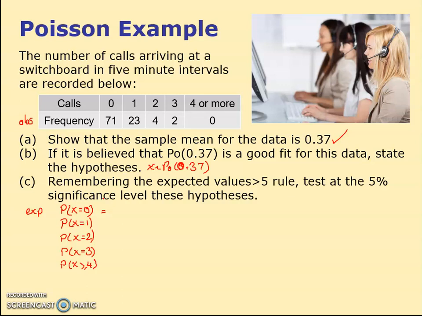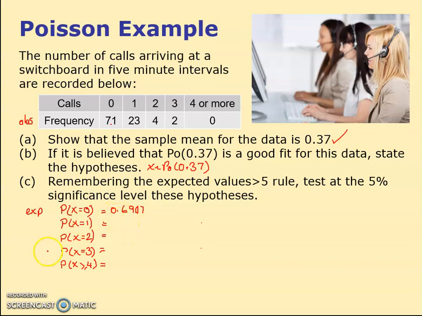And when I do that, Poisson PD, my lambda is 0.37 because they've told me that, they calculated that. My X value is 0, and I've got a value of 0.691. I suppose I could be a bit more accurate, 0.6907.